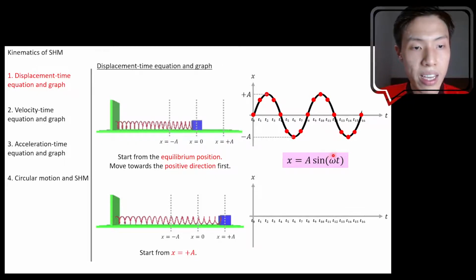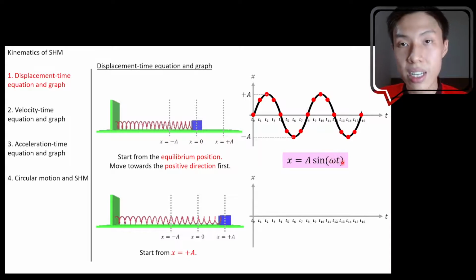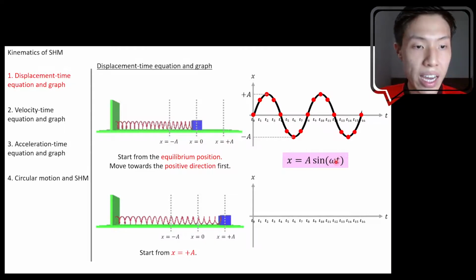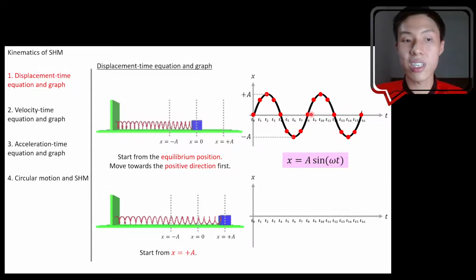So 2 pi divided by the period times the time is what we put inside the bracket. Because when your time goes towards the period, when you have finished one cycle, your t will be equal to the period. So 2 pi divided by period times period becomes 2 pi, so sine 2 pi becomes 0. This is a rough idea of why it's omega t inside.